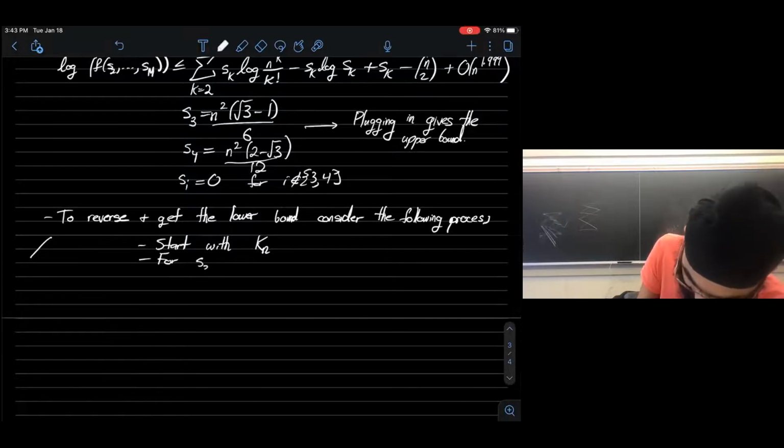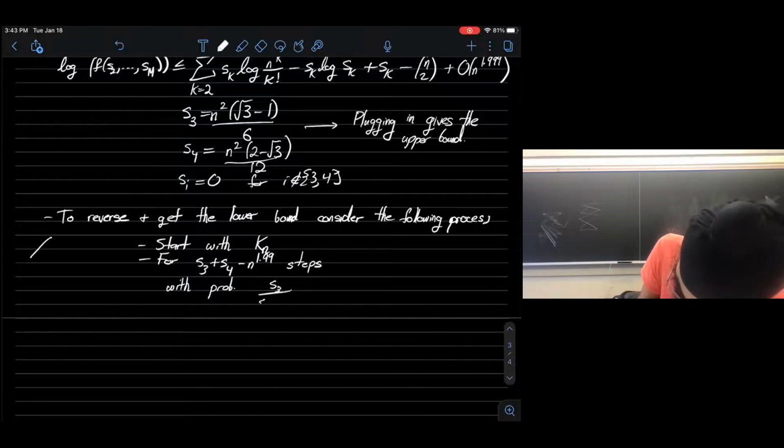So I have to explain why I have to lose something in a second. So with probability S3 over S3 plus S4, look at your remaining graph and choose a random triangle.